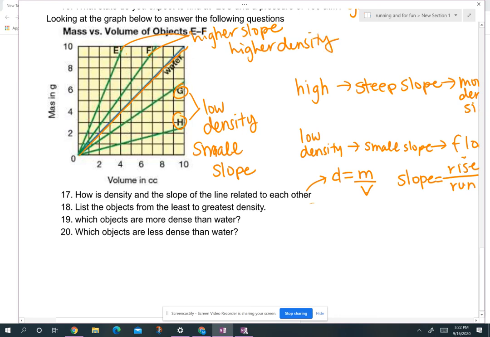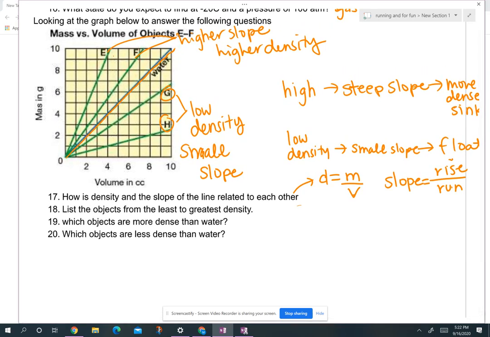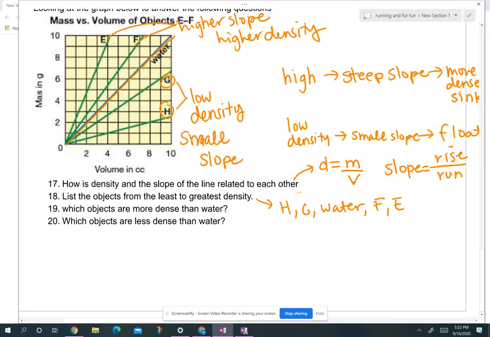So if I'm going to list these objects from least to greatest, that's going to be H, G, water, F, and then E. The objects that are more dense than water are F and E. The things that are less dense than water are G and H.